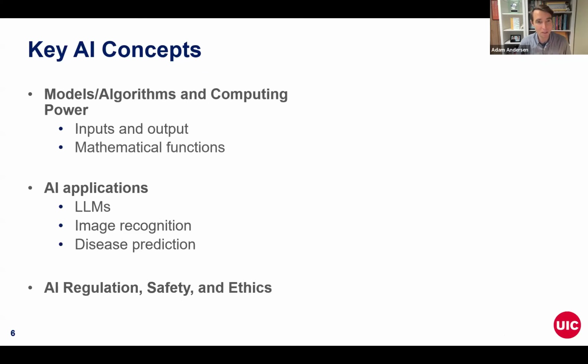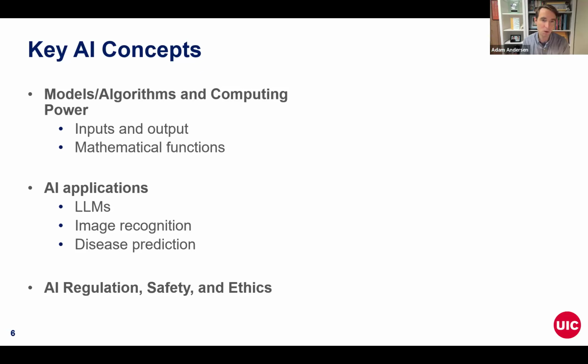So those are the next concepts I want to talk about. So the big data can be fed into models and algorithms, and combined with computing power can really generate some interesting insights, right? And these models and algorithms, I'm sure you've heard about these. These are mathematical functions where you usually have a series of inputs or predictors that can help determine what the output is, or better predict what a specific output is, which might be a disease, or how long somebody may live, or any other thing that you can think of in healthcare.